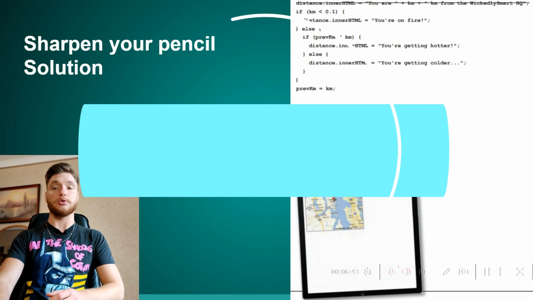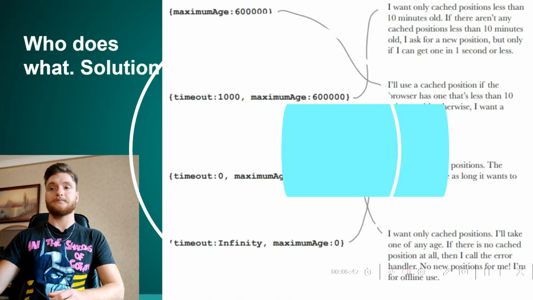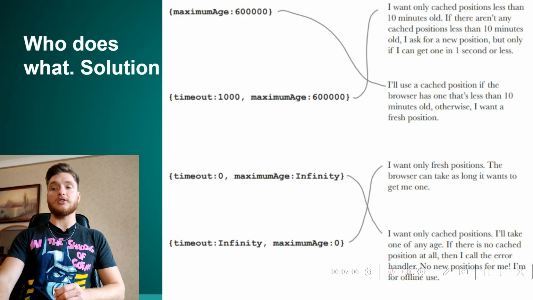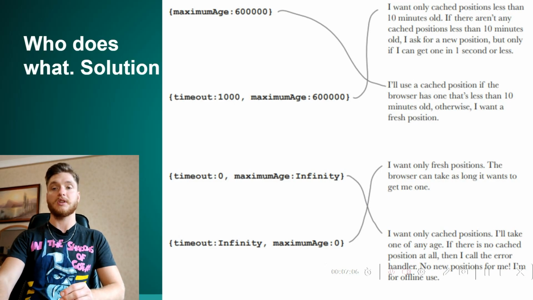Who does what solution? So, here is maximumAge 600,000: I'll use the cached position in the browser if the browser has one that's less than 10 minutes old, otherwise I want a fresh position.